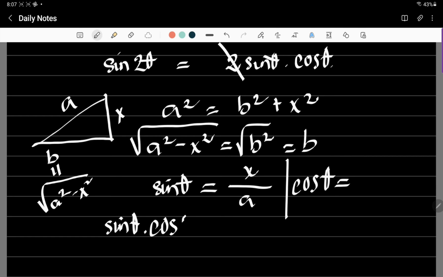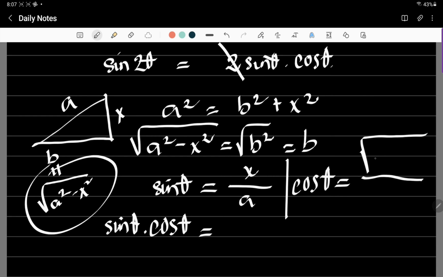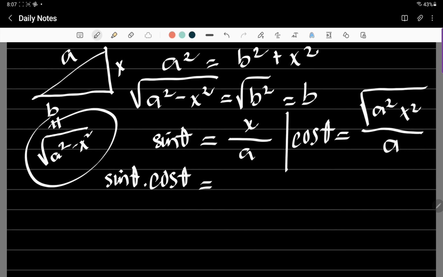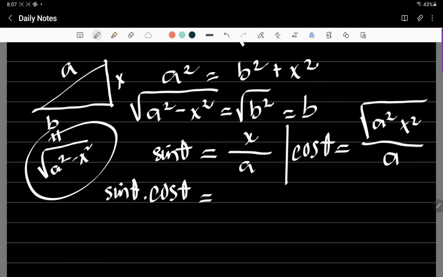So what is adjacent in this case? This thing right here, square root of a squared minus x squared, over hypotenuse. Now I multiply these two together. Sine times cosine. So I have x times square root of a squared minus x squared over a squared.